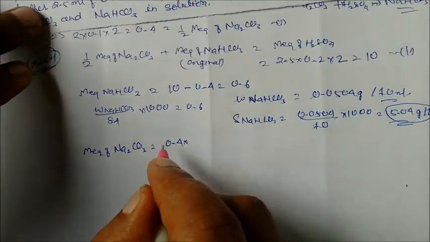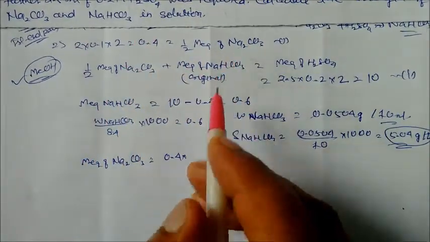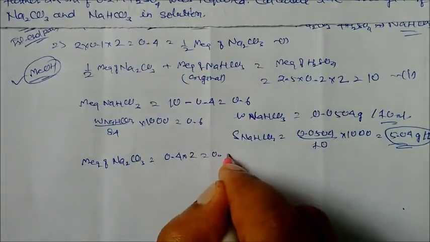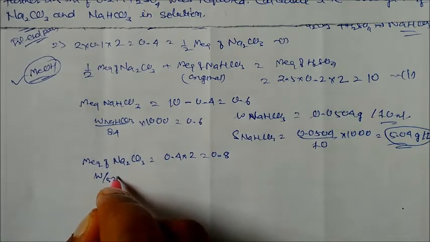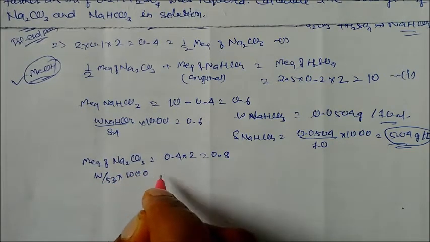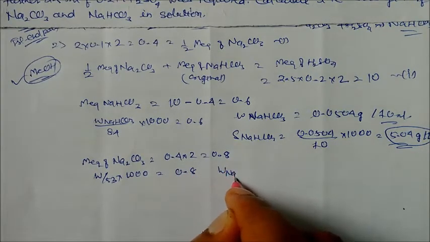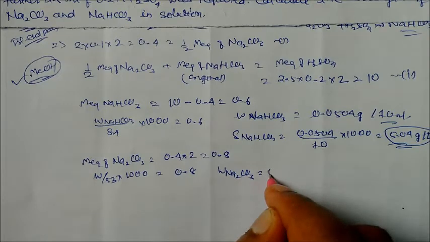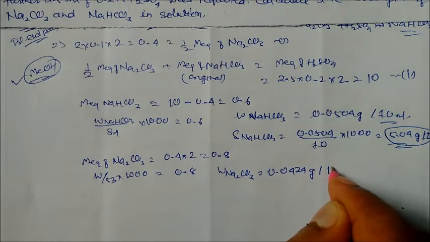So already we have seen from equation 1, this is 0.4 into 2, that is equal to 0.8. So weight divided by 53 into 1000 will equal 0.8, so the weight of sodium carbonate will be 0.0424 gram per 10 ml.